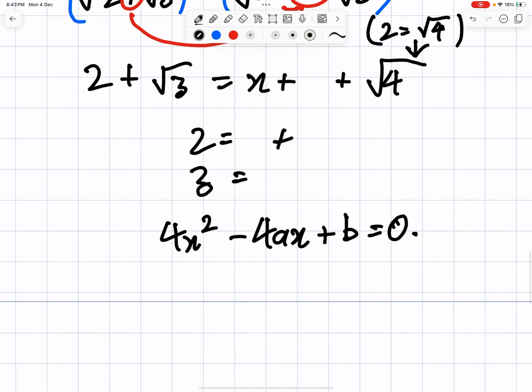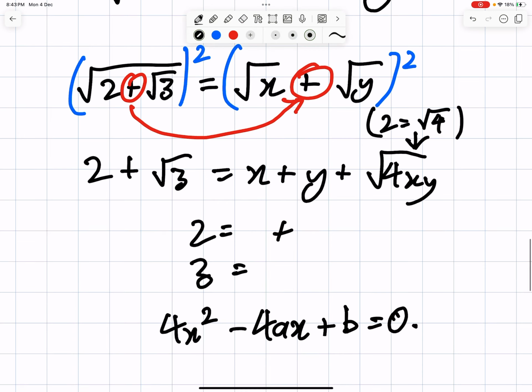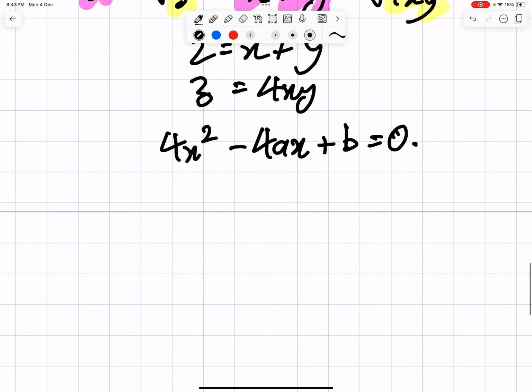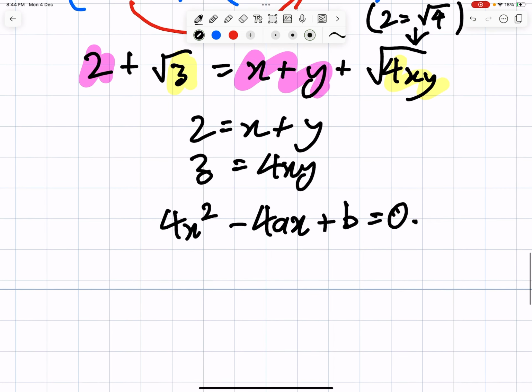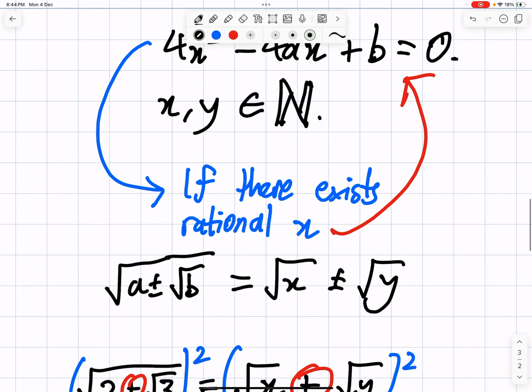So we'll just say x plus y and 4xy. So we'll get 2 equals x plus y, again because of this, and 3 is 4xy. Now we will just say that this is a and this is b, as you can see above here.